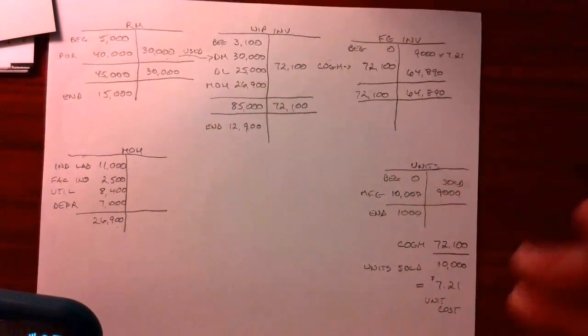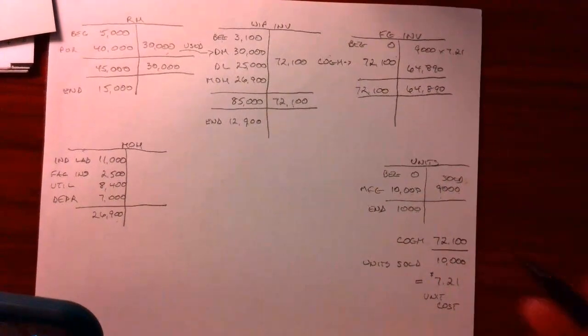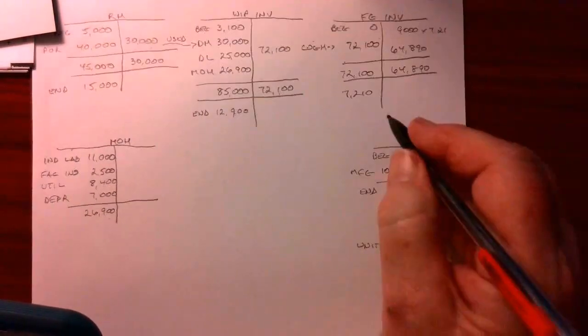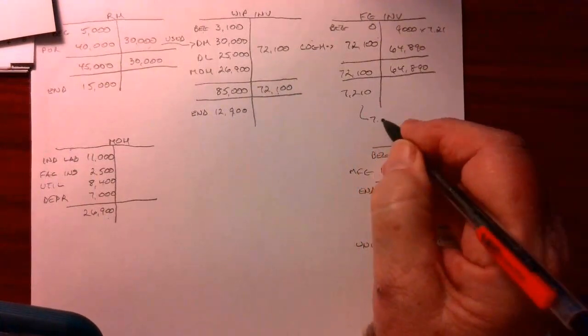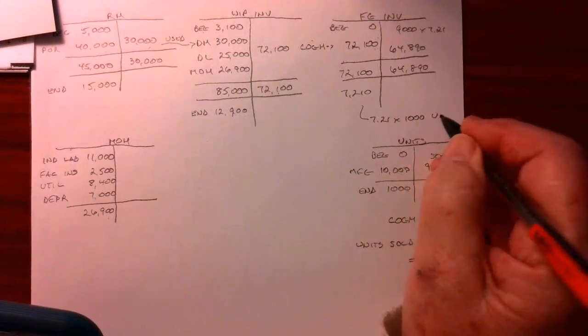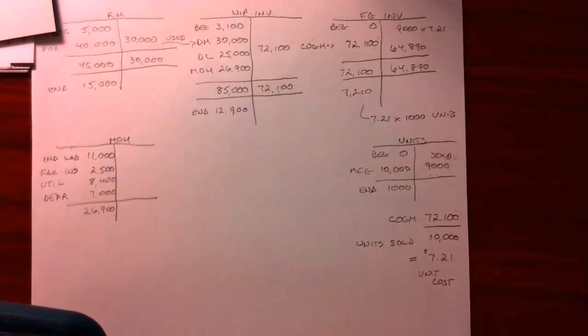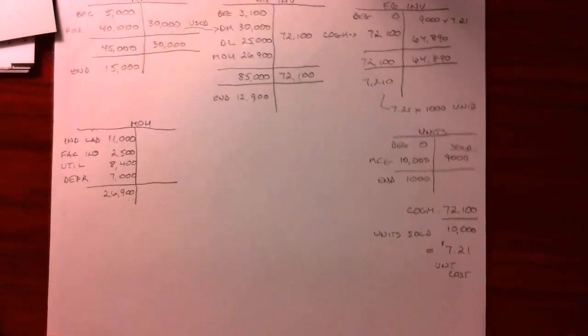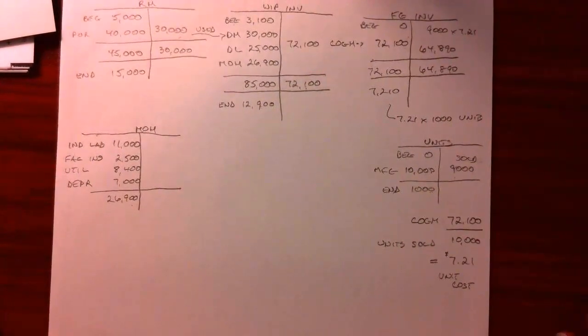Okay, yeah, see, this works. 721 times 1,000 units. Okay? So that's not bad. At least nice when it works out anyway. So let's do our income statement.